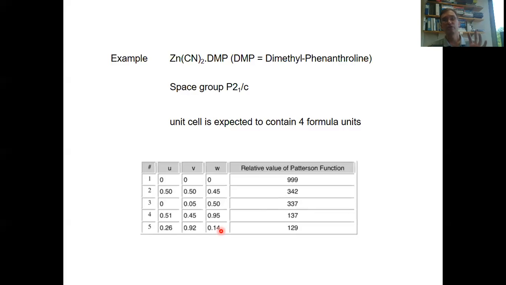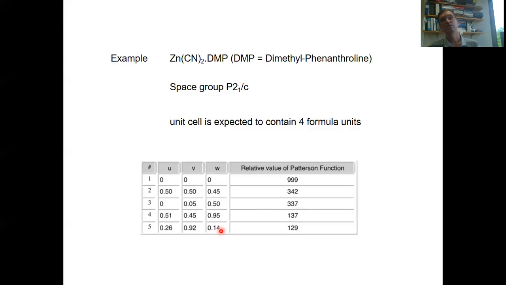So now you make the following guess and say that these peaks are most likely associated with the position of the heaviest atom. Therefore, this Patterson method is also sometimes called the heavy atom method. That is because X-rays are most strongly diffracted at the atoms that are the heaviest.